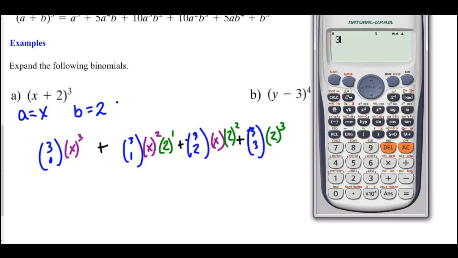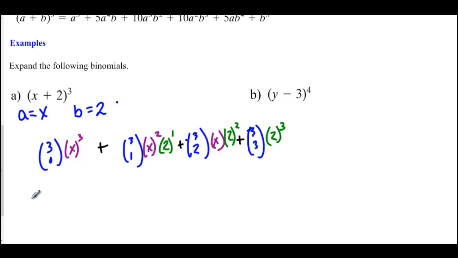It's going to give us 3. 3 choose 2, also going to give us 3. And then our 3 choose 3 will give us 1. So we had 1, 3, 3, 1.